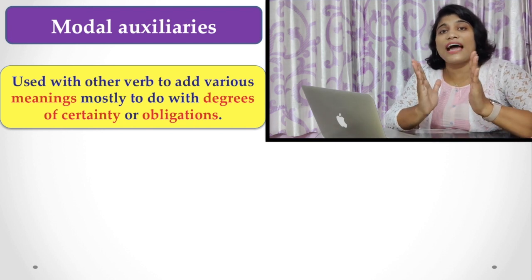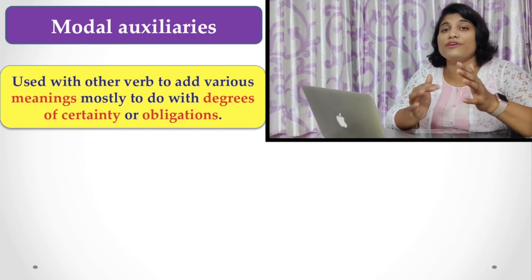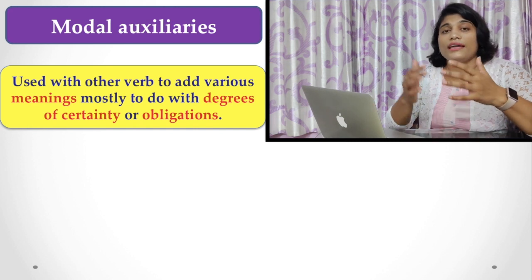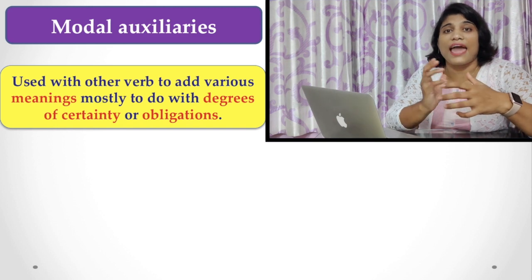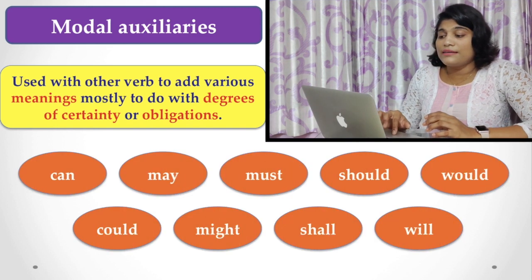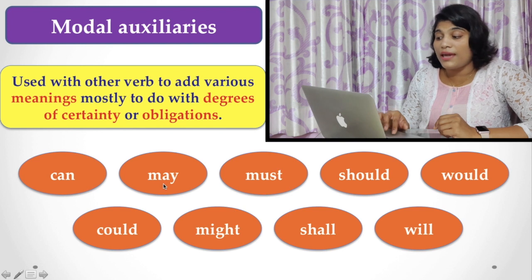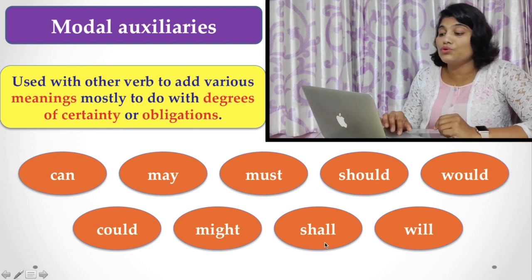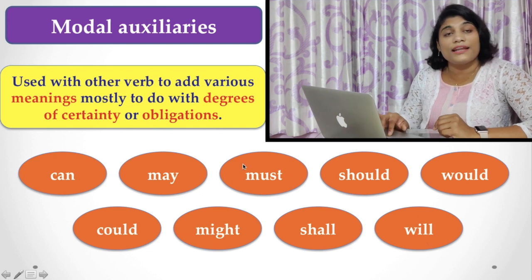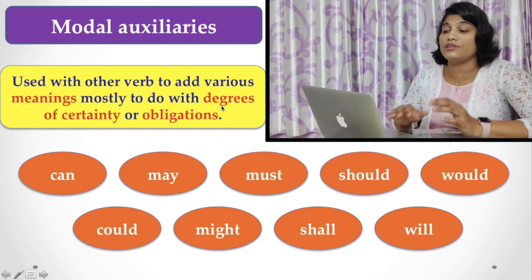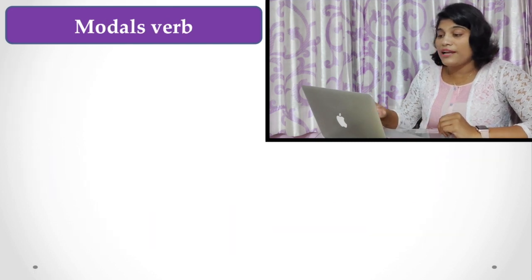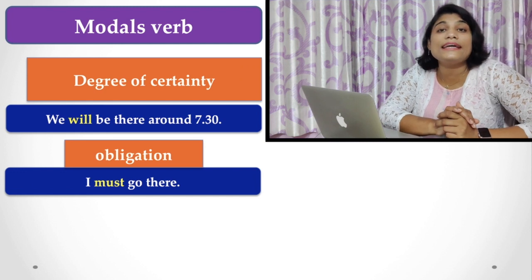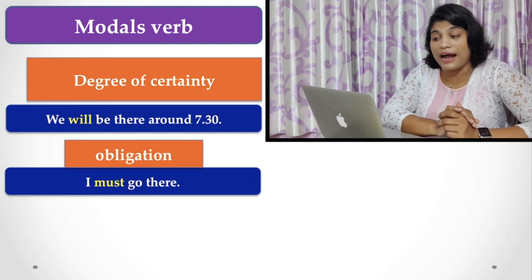There are two types of meanings, which I am going to tell you in the latter part of the slide, and show you how these things act. Here are the modals like can, may, must, should, would, could, might, shall, will.